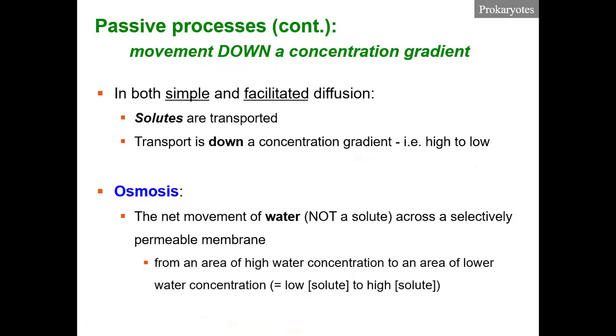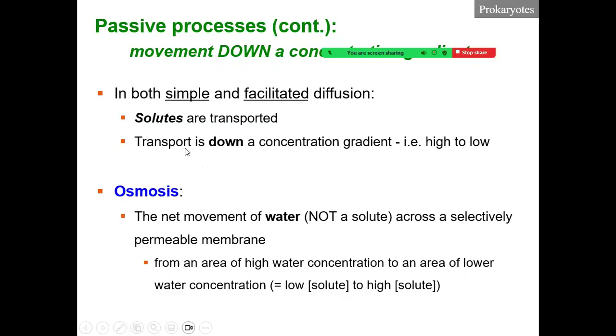Osmosis is the third passive process for moving molecules against a membrane or whatever. Osmosis does only happen with the movement of water, where water molecules move down its concentration gradient, moving from areas of high concentration to areas of low concentration.